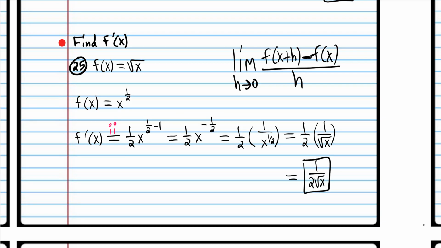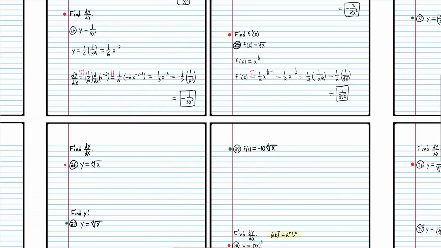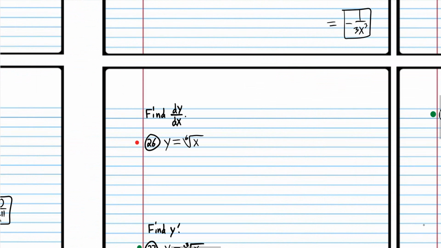And I want to stress that you're not required to show this step or this step. You can skip a lot of these steps. I'm just showing every step just so you know what we're doing. Okay, so let's try another one of those problems before you try one on your own.